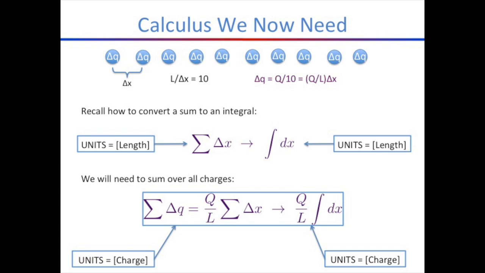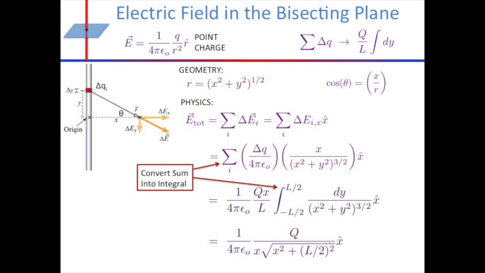So the calculus that we now need is this, that the sum over those little pieces delta q along a rod we already saw turns into, in the limit that delta q gets small, then delta x gets small, it becomes q over L integral dx. Okay, so I'll leave that up there to remind us that that's what we're using.